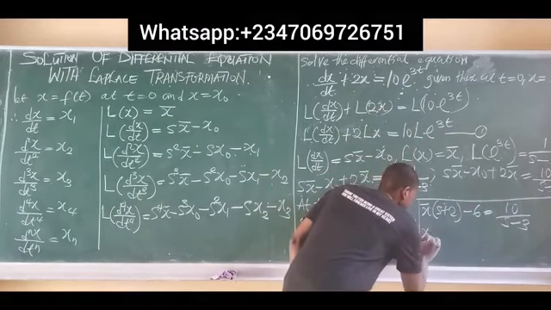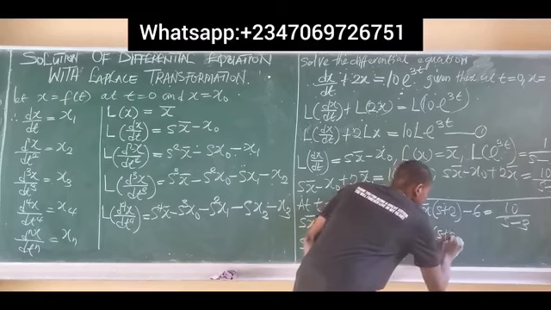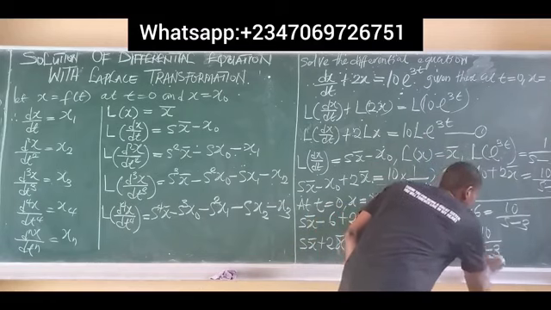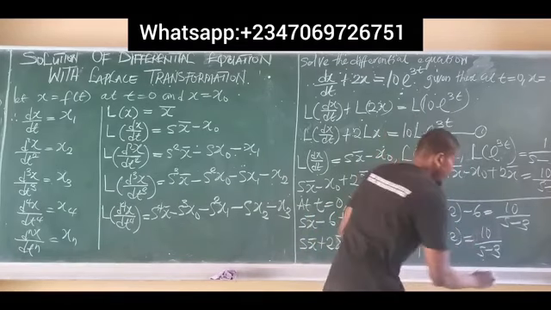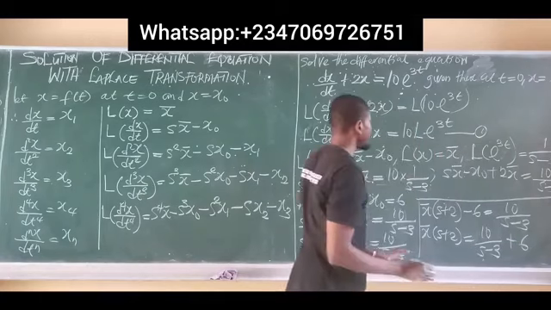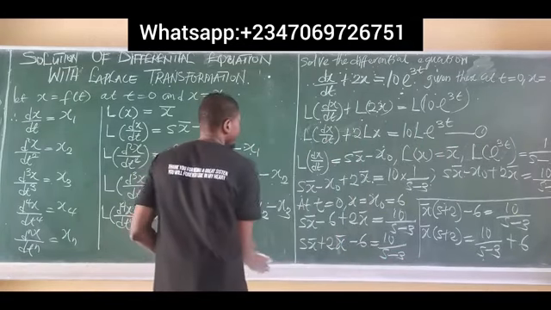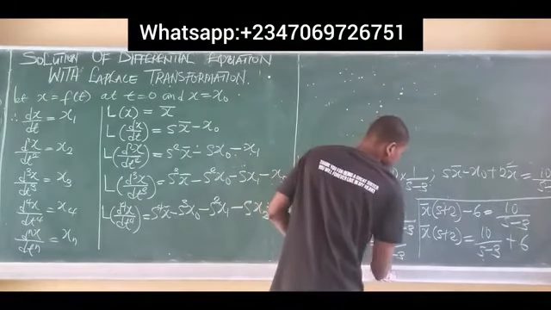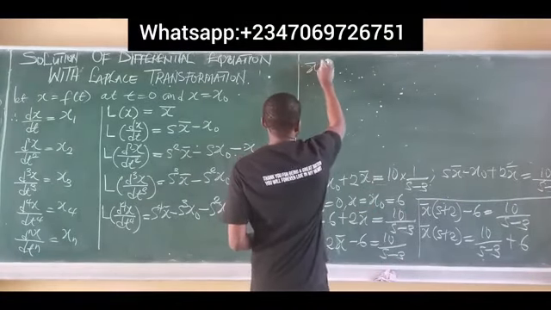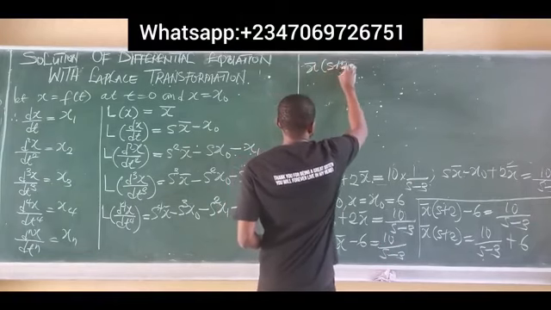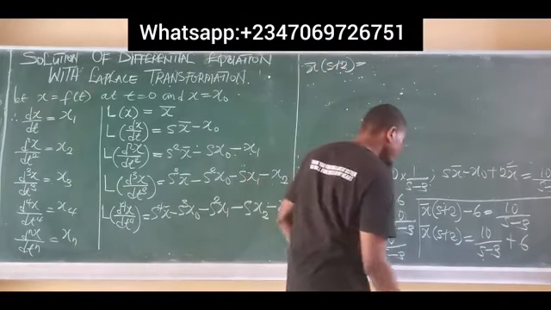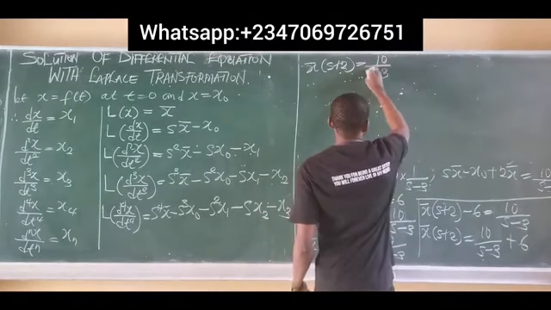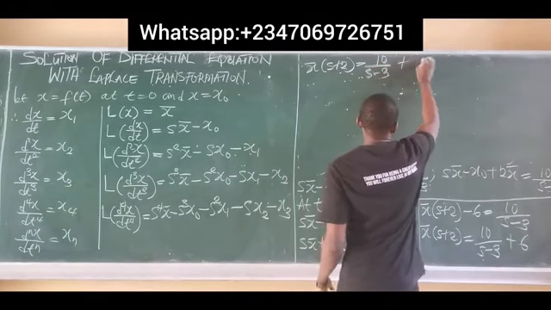If minus 6 crosses an equal to sign, it becomes plus 6. Hence, we have x bar into s plus 2 is now equal to 10 all over s minus 3 plus 6.